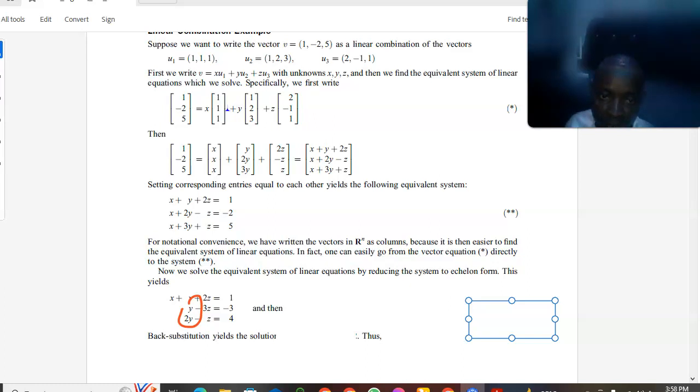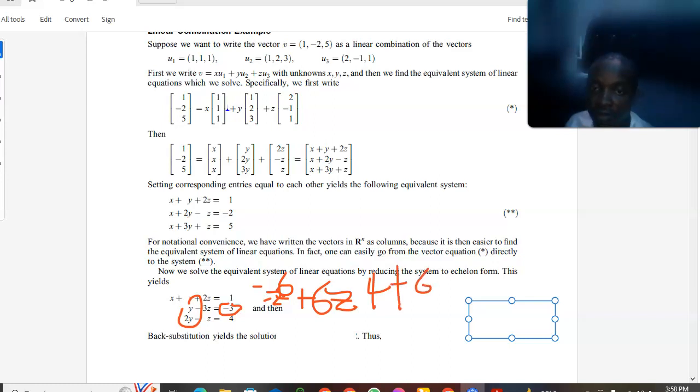So minus z minus minus 6z becomes plus 6z, so we're going to have 5z. Then minus 2 multiplying 3 gives minus 6, then 4 minus minus 6 is 4 plus 6, and that is 10.